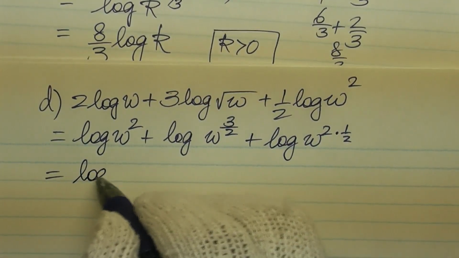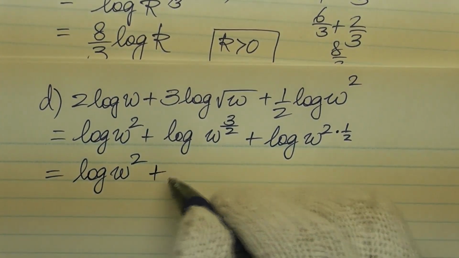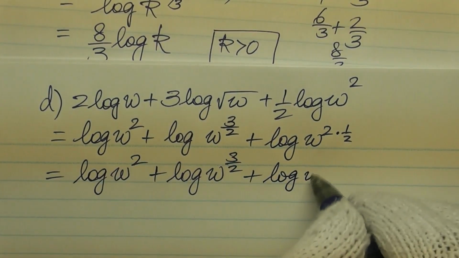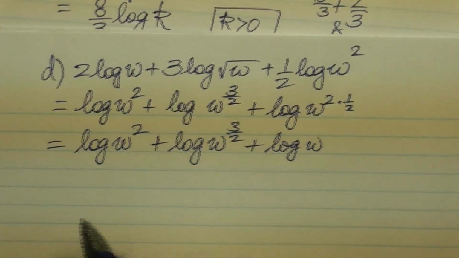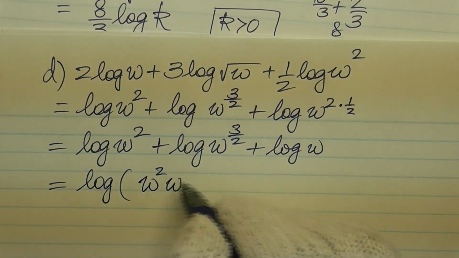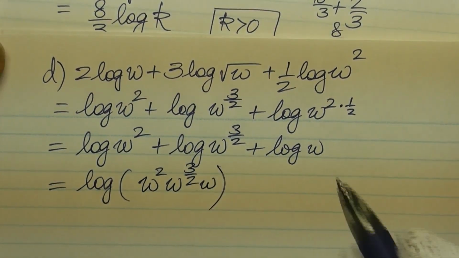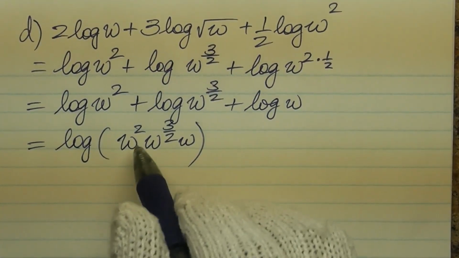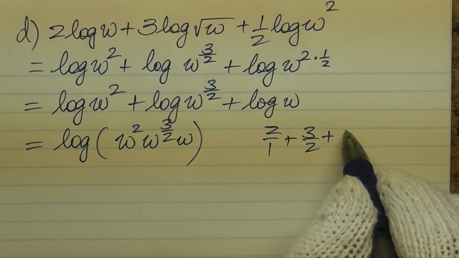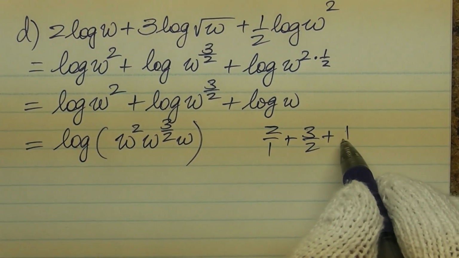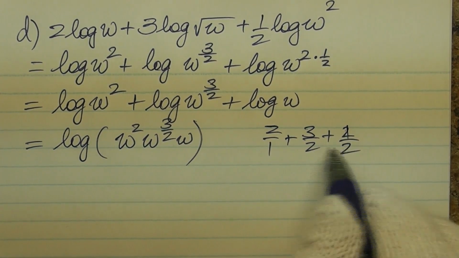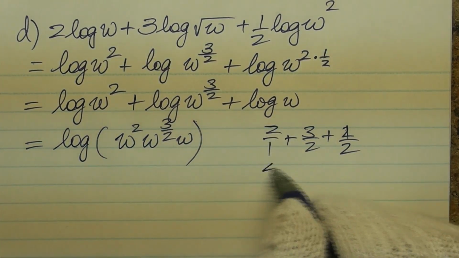It's going to give us log w squared plus log w to the 3 over 2 plus log w. And when I multiply all of that out, you've got 2 over 1 plus 3 over 2 plus 1, or 2 over 2. 5 over 2, this is the same as 4 over 2.